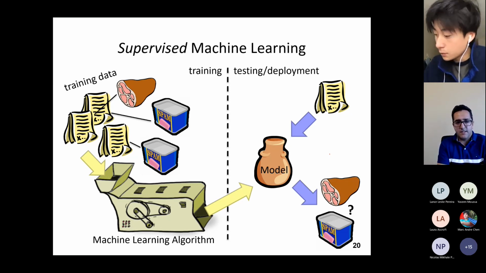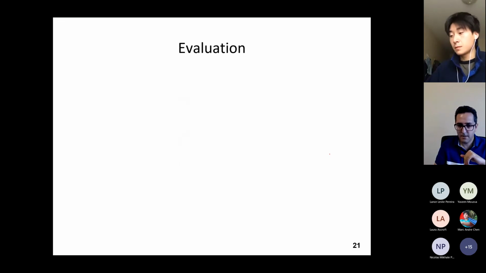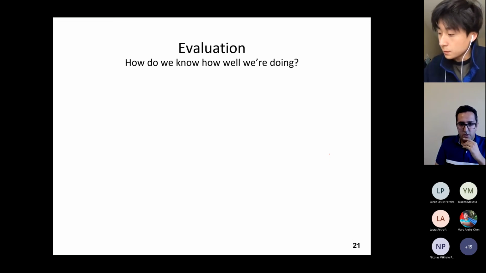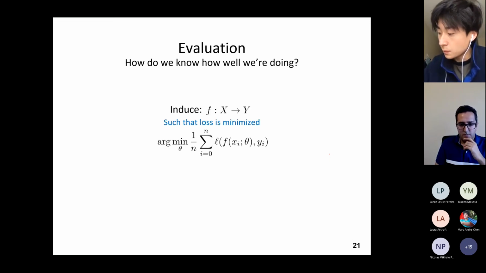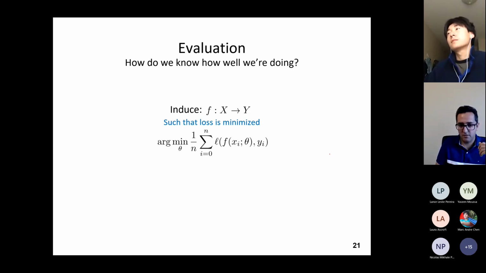So if you remember, we said supervised machine learning has two main steps: training, and then testing and development. Let's talk about testing a little bit. We want to evaluate how well we are doing. If you remember, we wanted to find a function f, and we had this restriction, so we wanted to optimize it, right?